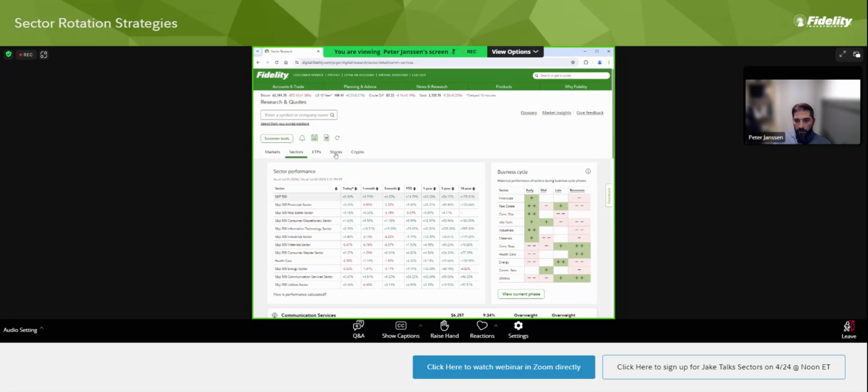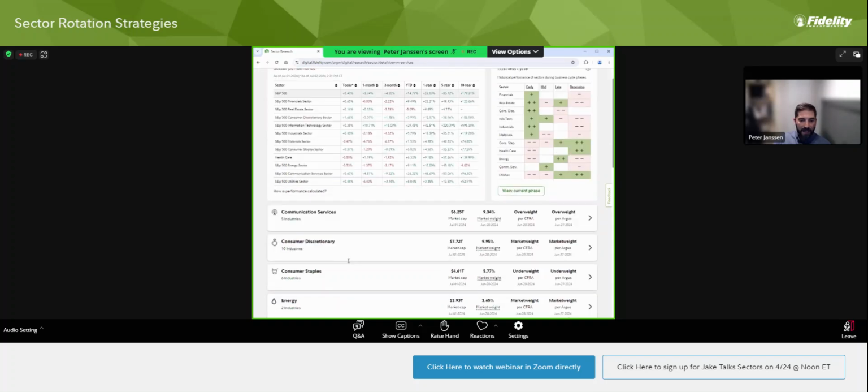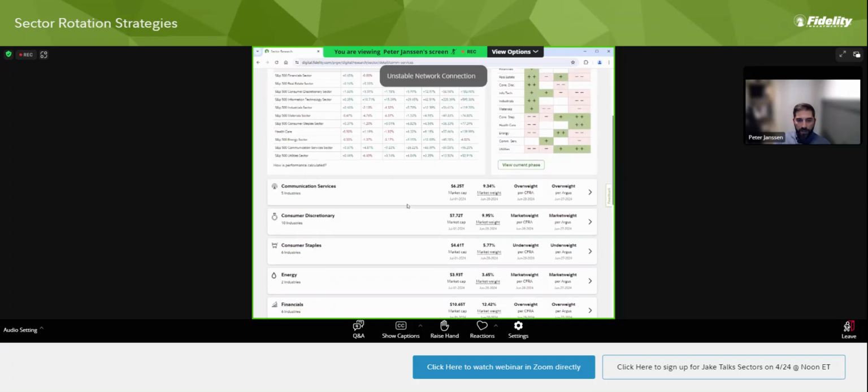Now, some of this we're already going to observe and notice. Off towards the right-hand side, there's something dedicated to the business cycle. You can view the current phase and where we stand. You also have the ability to view some of this sector performance. Down below is a sample of what we had noticed before: communication services, consumer discretionary.